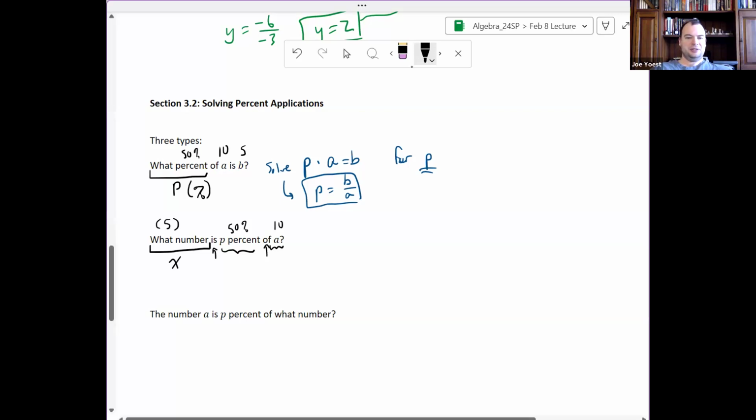Again, I see "is" and "of" cluing me into an equal sign and a multiplication. I think this is going to be X equals P times A. Does that make sense with my special case? Is 5 50% of 10? Does 5 equal 0.5 times 10? Yeah, it does.